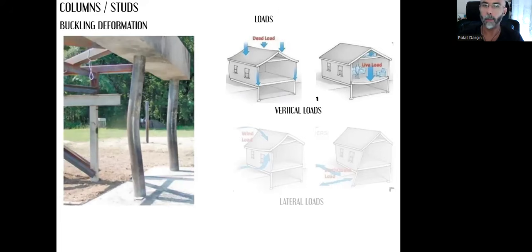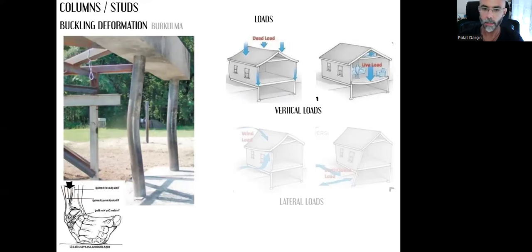That's what we call a buckling deformation. In Turkish, it's called burkulma. You can easily remember from this image, if your ankles cannot support the load of your body, then it can end up in the same deformation, burkulma.